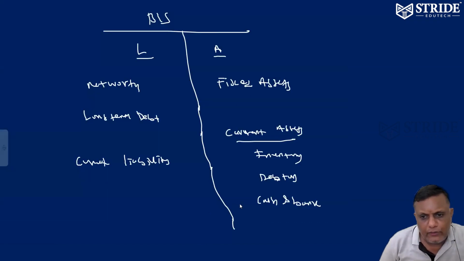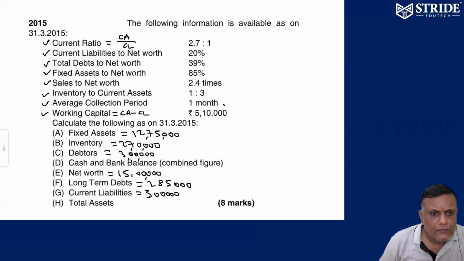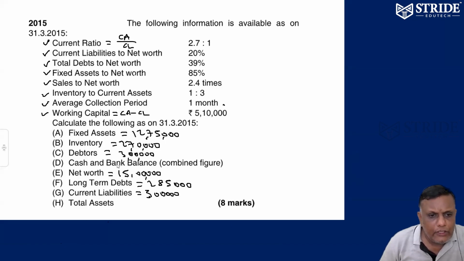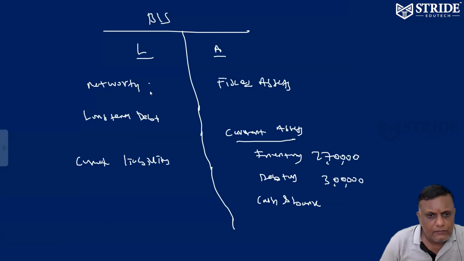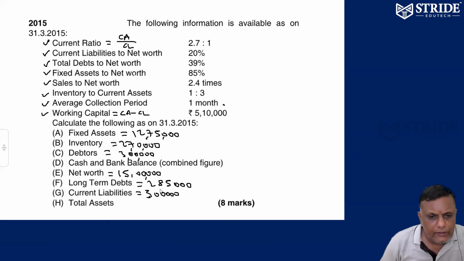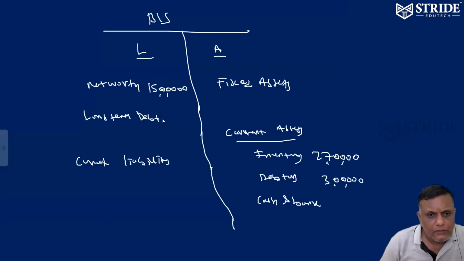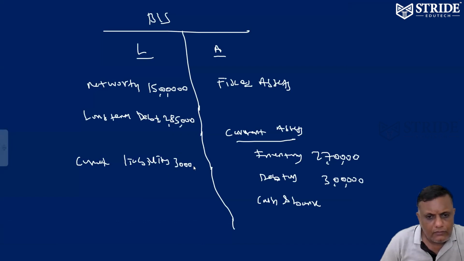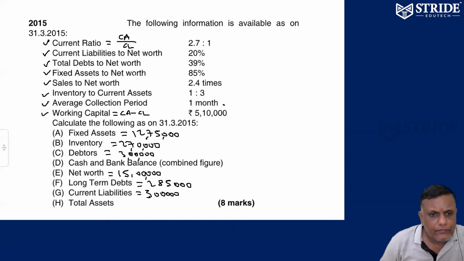Inventory, 2,70,000. Debtors, 3 lakhs. Net worth 15 lakhs.